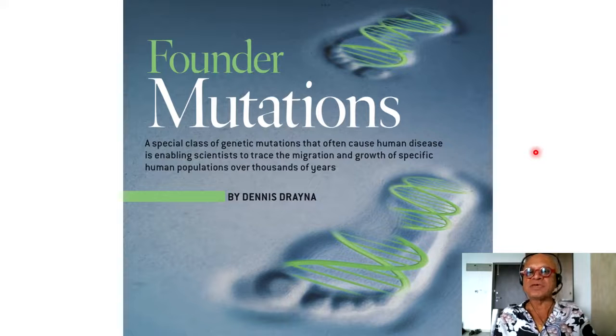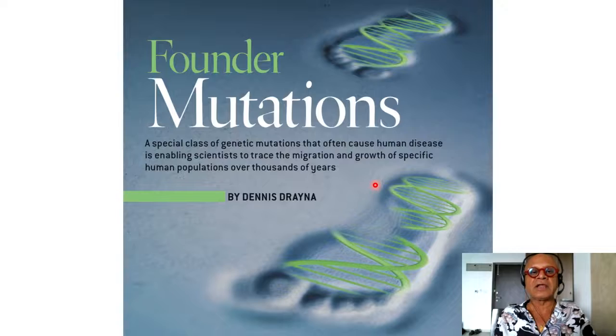This is again from the Scientific American book on Becoming Human that we refer to from 2013 that you can find using Google. So founder mutations are a special class of genetic mutations that often cause human disease and that enables scientists to trace the migration and growth of specific human populations over thousands of years.